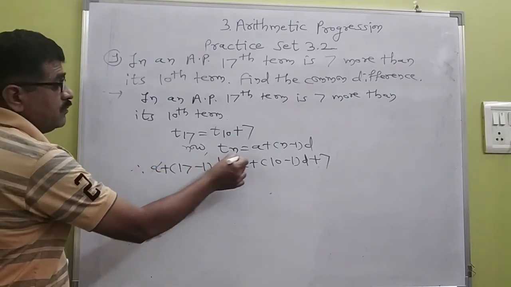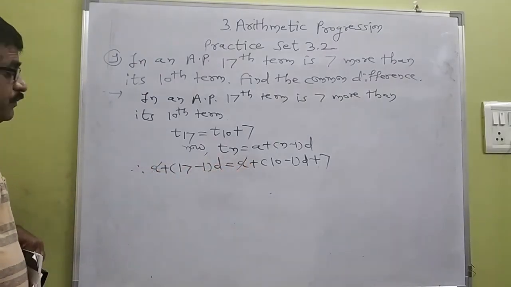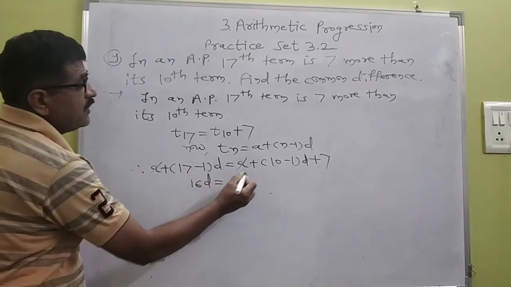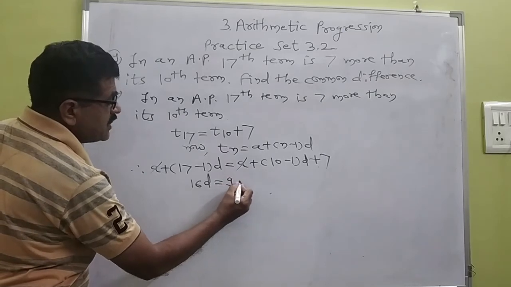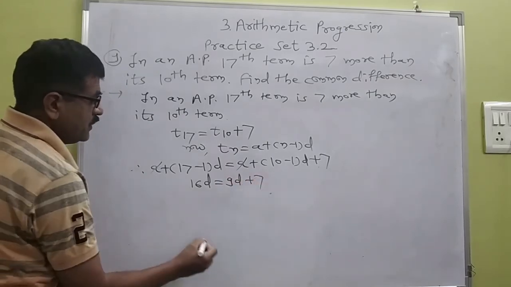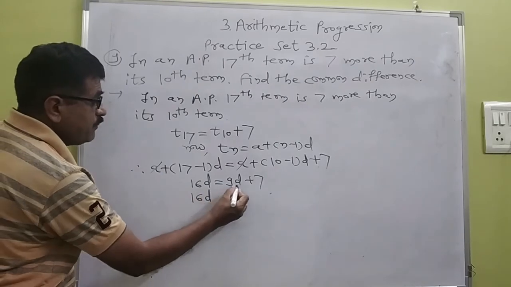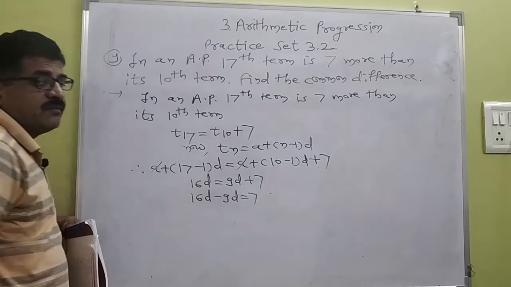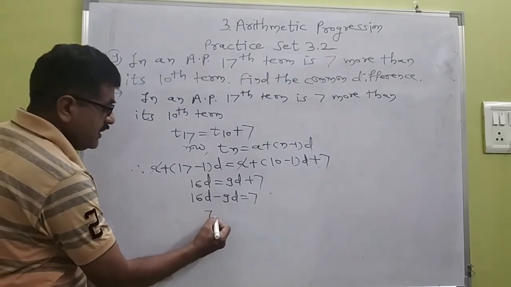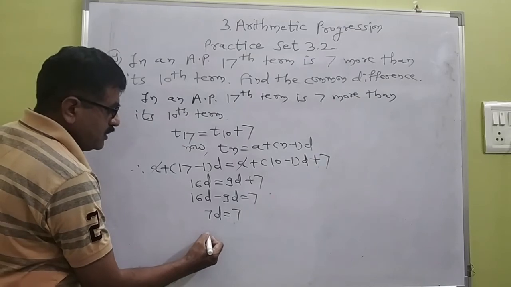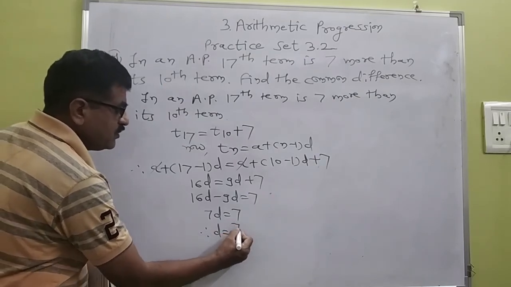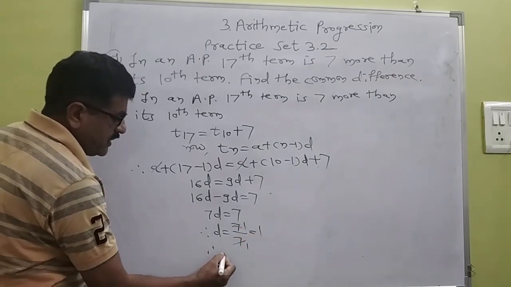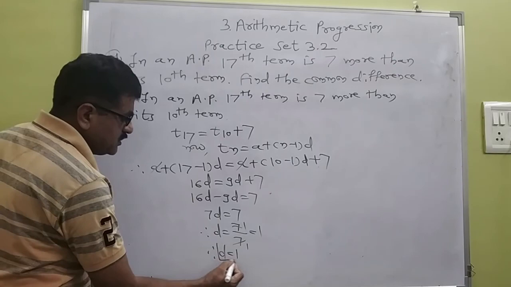Here A gets cancelled, 17 minus 1 is 16D is equal to 10 minus 1 is 9D plus 7. Therefore 16D minus 9D is equal to 7. 16 minus 9, that is 7D is equal to 7. Therefore D is equal to 7 upon 7. Now dividing by 7, we get the value of D as 1.